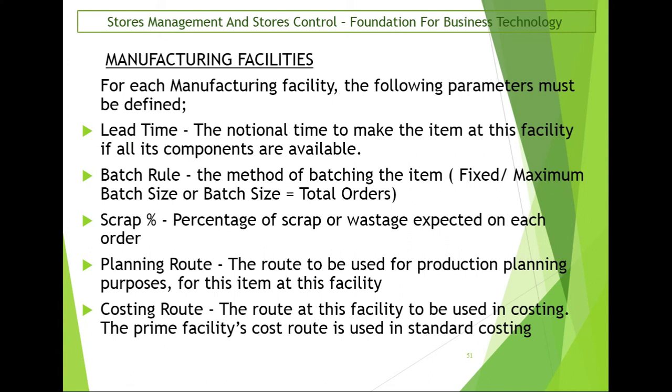So there are costs that will be assigned to the use of a particular machine, the use of a particular artisan who operates that machine. So when we have got a planning route, then we calculate the costs at each work center. Then we come up with an estimate of the production cost for that particular item.